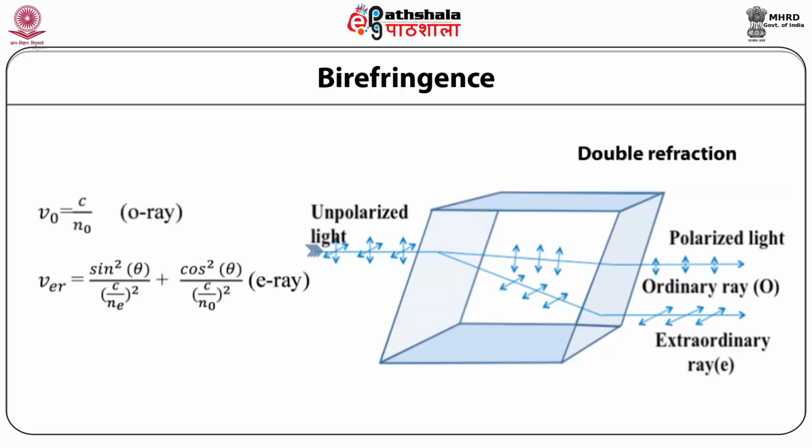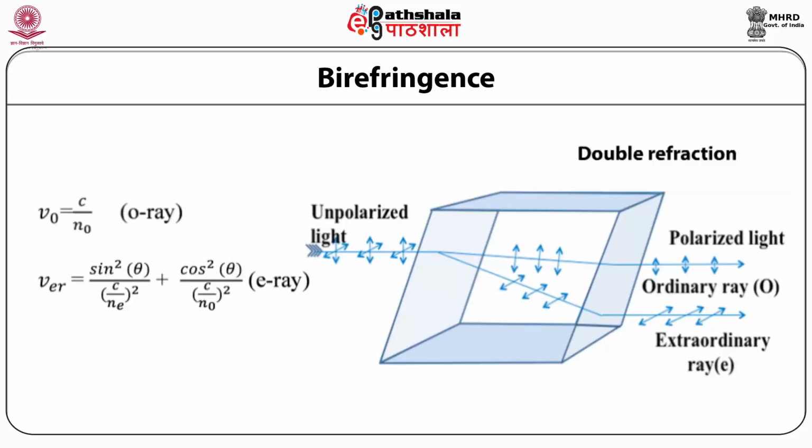The velocity of the E ray is different in different directions. Substances like quartz and calcite exhibit different properties in different directions and are generally called anisotropic substances. The axis along which the two velocities are equal is known as the optical axis of the crystal.